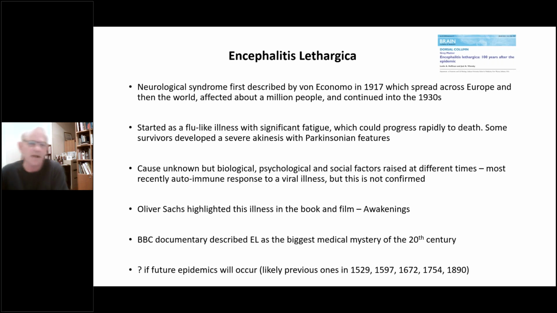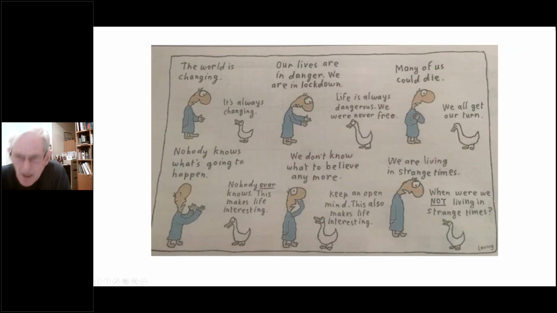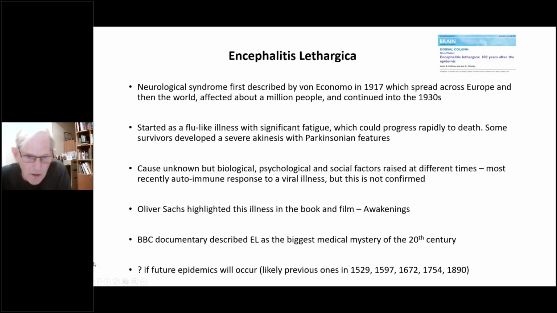And it started as a flu-like illness, and it was associated with flu, but the exact mechanisms were unclear, and it's still described as a mystery, possibly the biggest medical mystery of the 20th century.